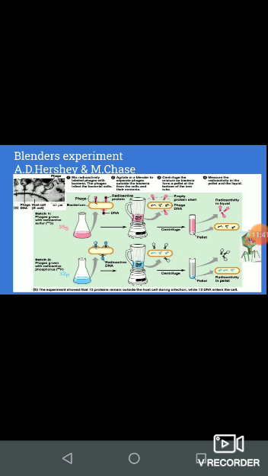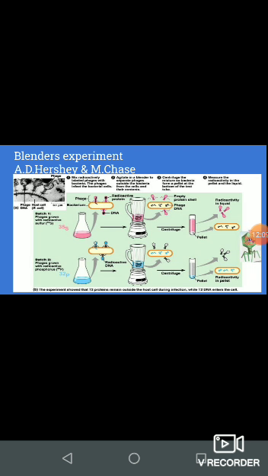Whereas the protein coat doesn't contain any phosphorus. So the two different biomolecules: the protein, which is labeled with sulfur, and the other one, the DNA or the genetic material present within the T4 phage, they have labeled with phosphorus 32.